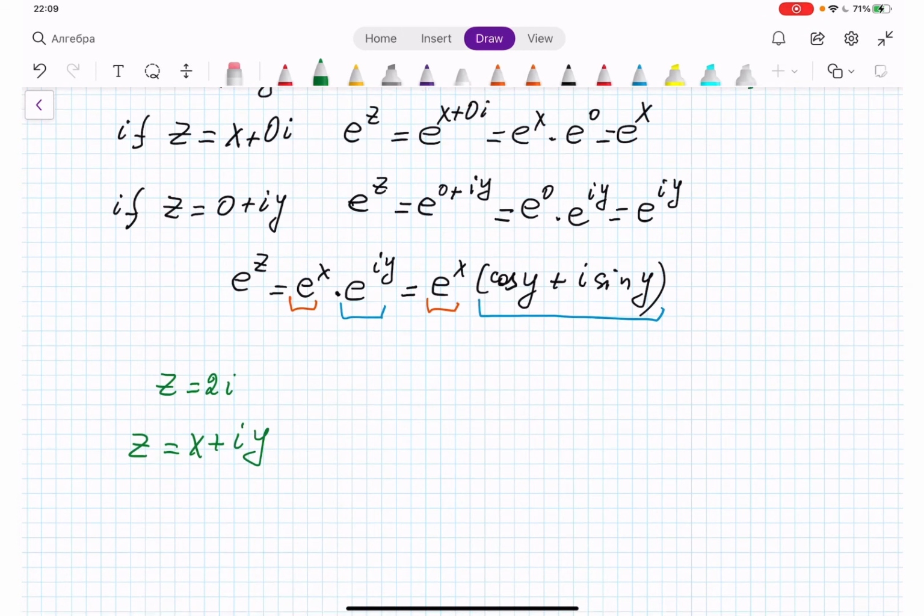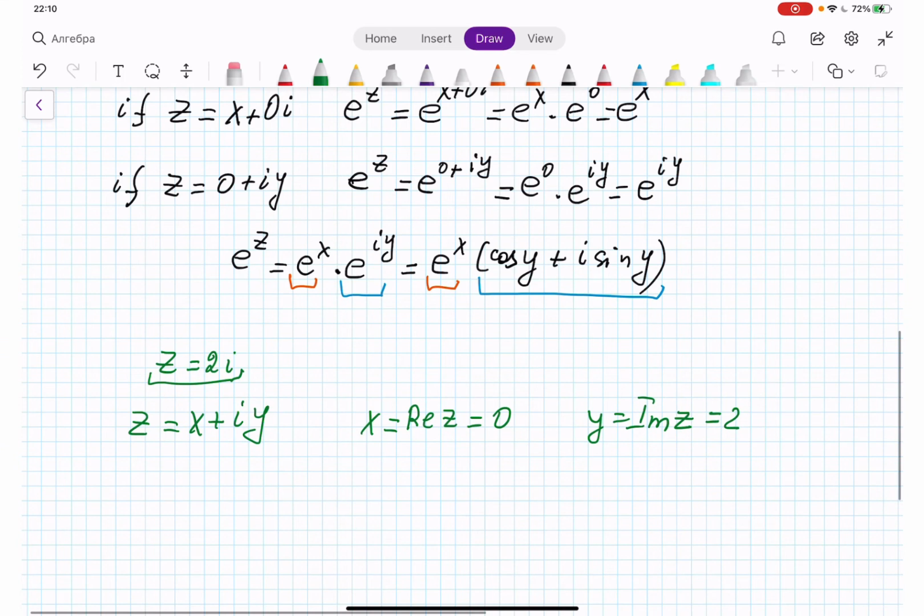So x is the real portion, the real part of z, which is equal to 0 in this case, because we have only 2i. And y is the imaginary portion of z, which is equal to 2 in this case, because z is equal to 2i.